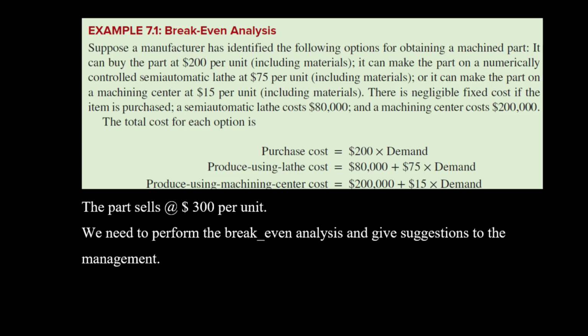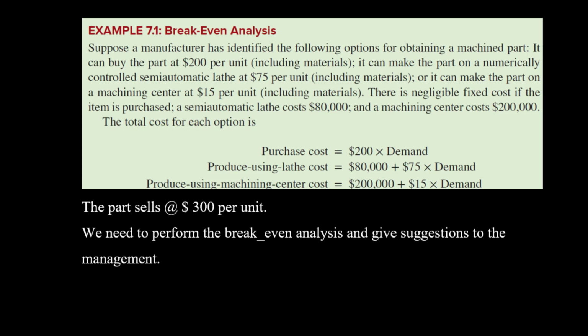It can make the part on a numerically controlled semi-automatic lathe at $75 per unit including materials. And the third option is, it can make the part on a machining center at $15 per unit including materials.